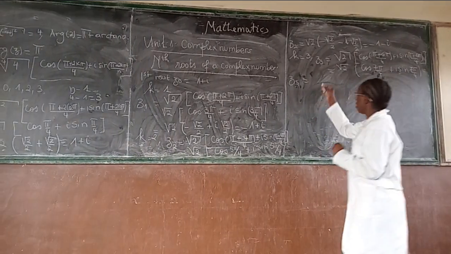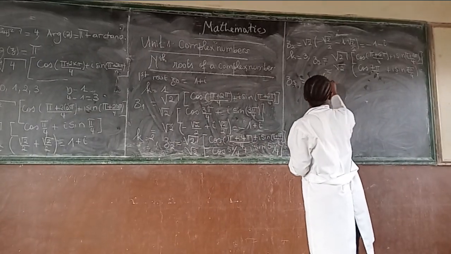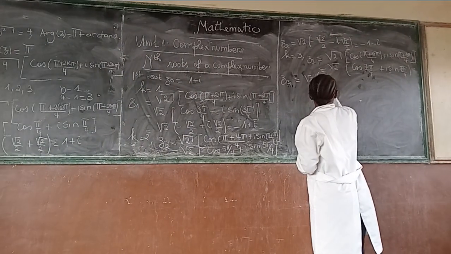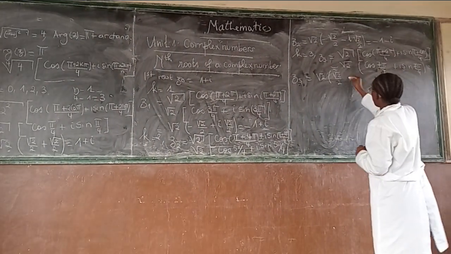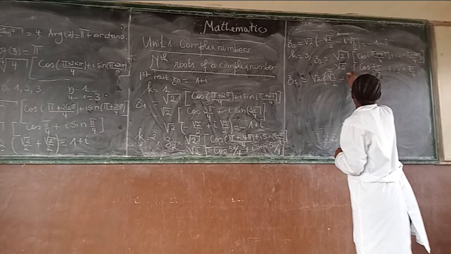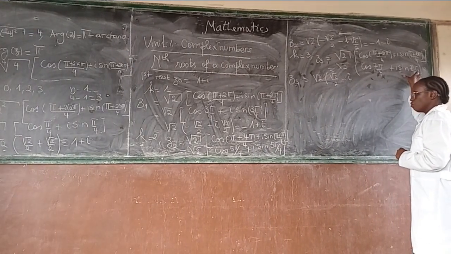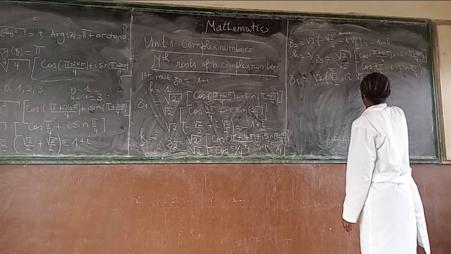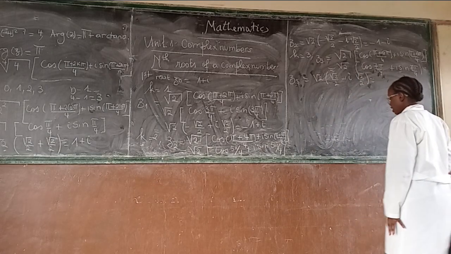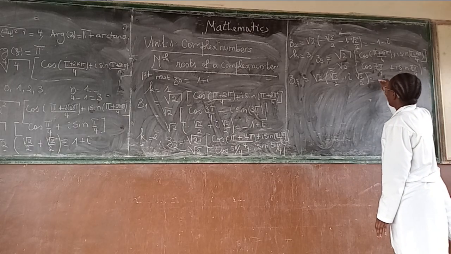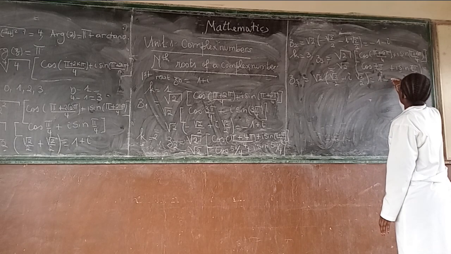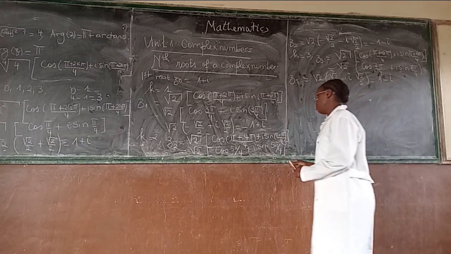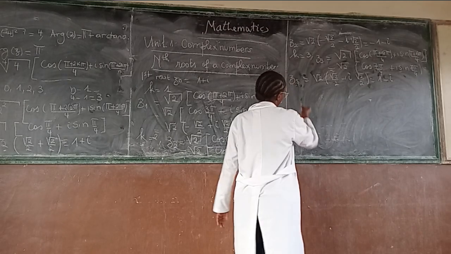So we will have square root of 2 times the exact value, square root of 2 over 2, plus minus i, because this angle has negative sine, square root of 2 over 2. Finally, we stay with 1 minus i. So those are the fourth roots of the complex number negative 4.